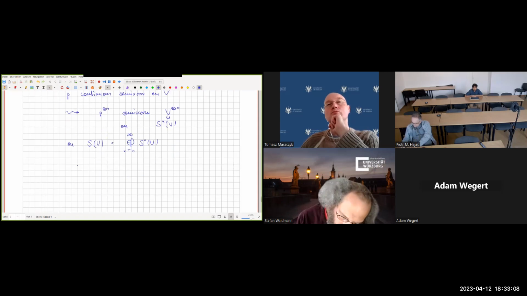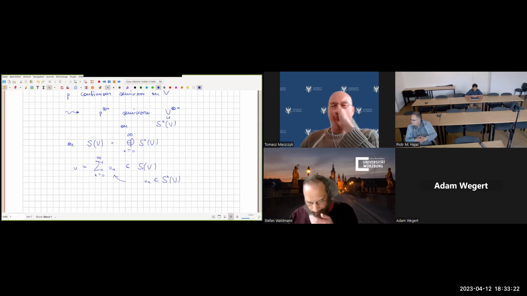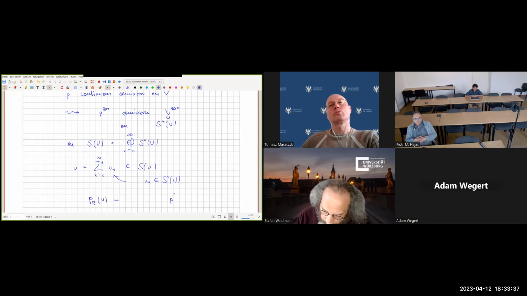Now, what we do is the following: if we have an element in the symmetric algebra, where these components are elements in S^n of V, so it's a finite sum, I just don't want to specify the upper limit, finitely many terms, then I would like to define a new seminorm for those by taking the nth tensor power of P of the components.